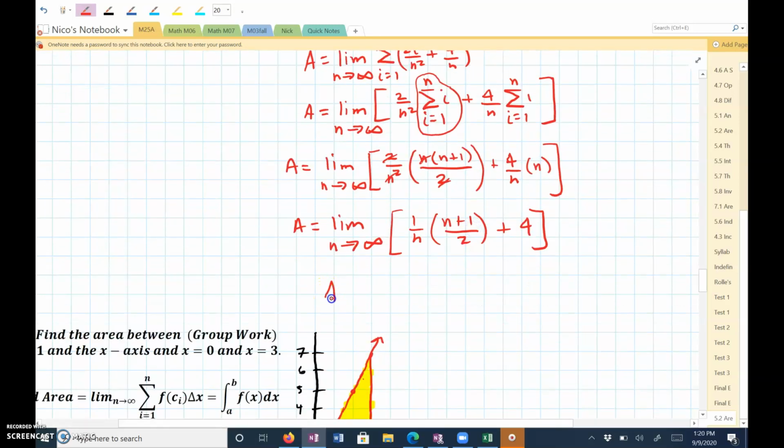And then let's see if I multiply this through. This would be 1/2 plus 1 over 2n plus 4. Messed up somewhere.